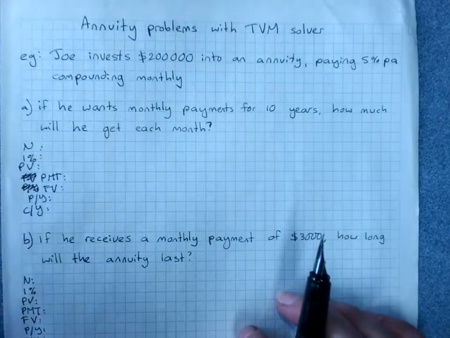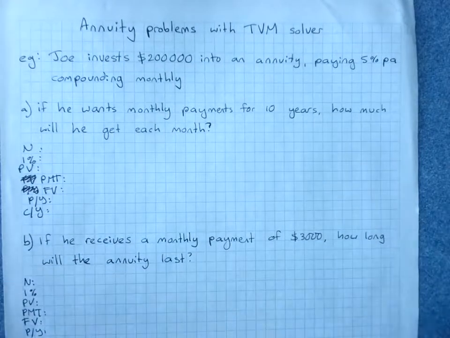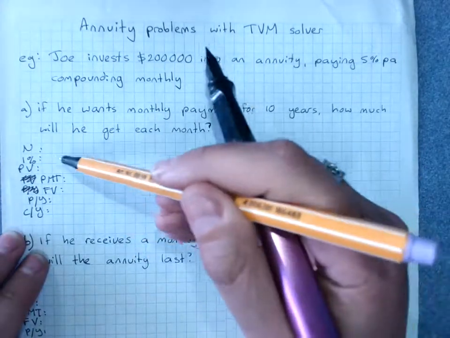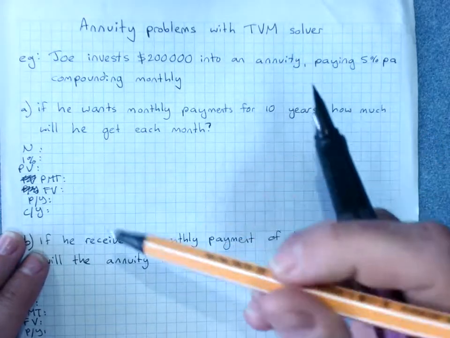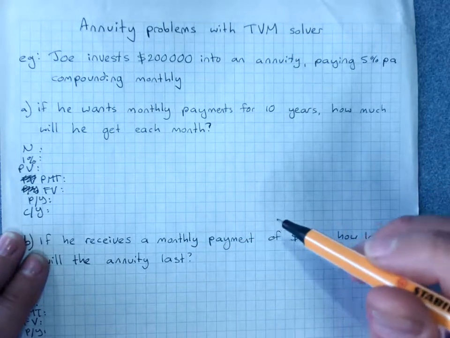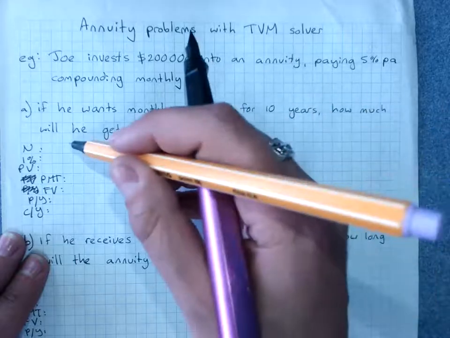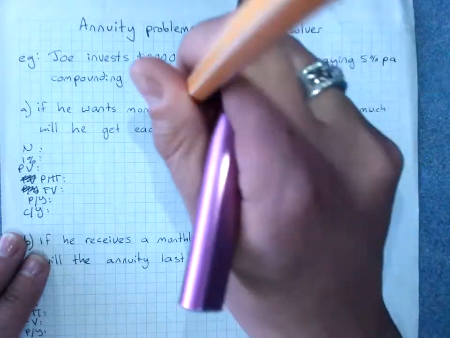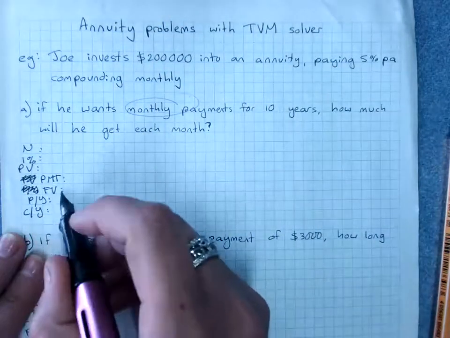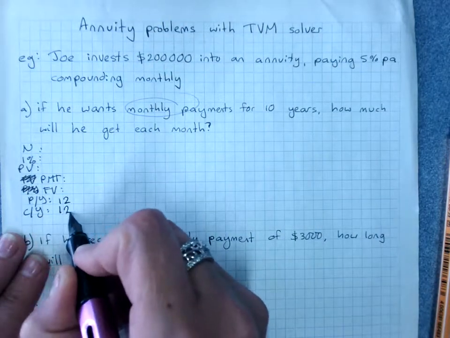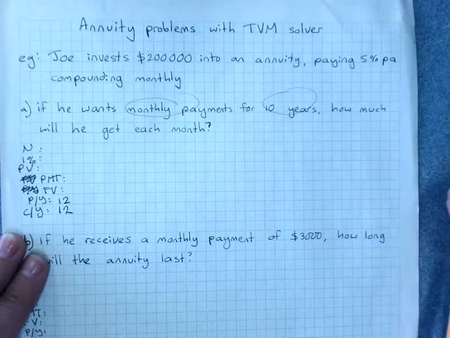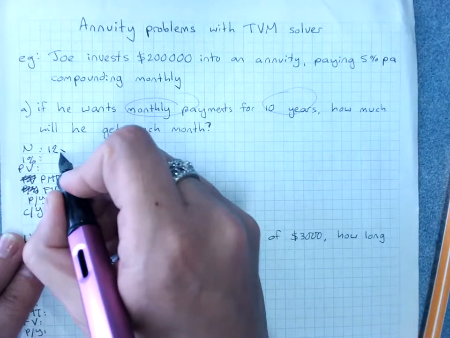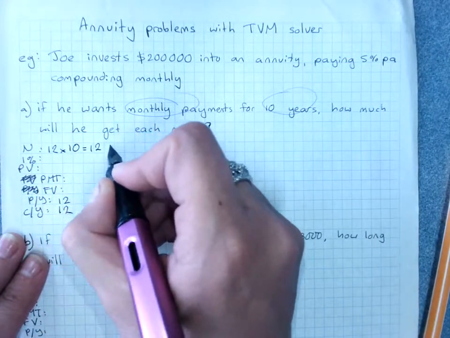So we put in what we know. TVM solver, obviously your working is writing this out and putting down what you're doing, which I notice some of us aren't doing. Write this down for every question, please. So we're doing monthly payments, so PY and CY are 12 for 10 years, so N is 12 times 10, which is 120.